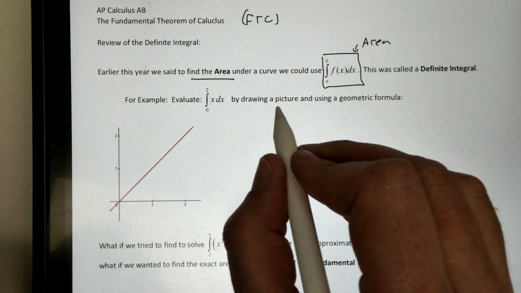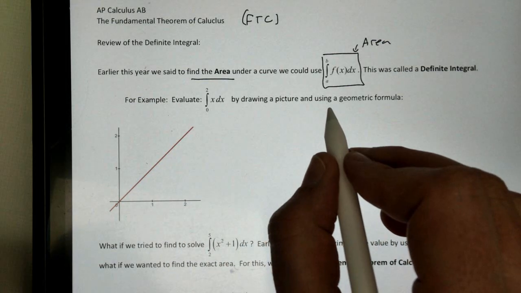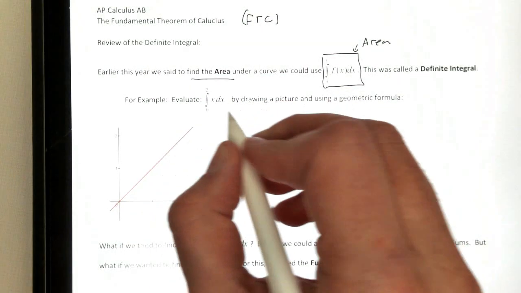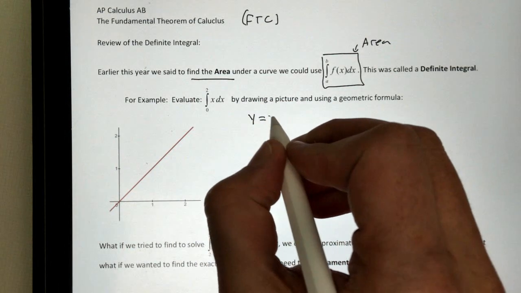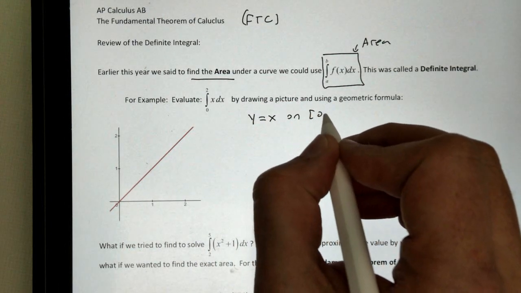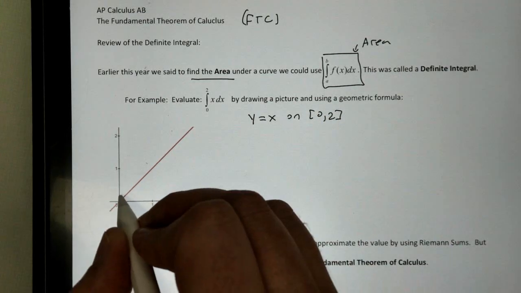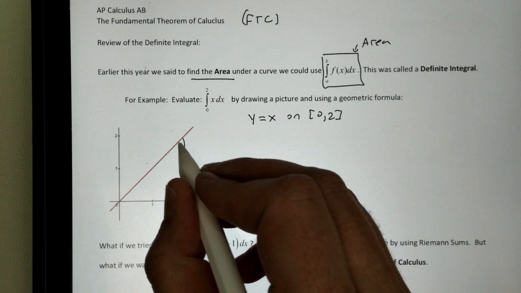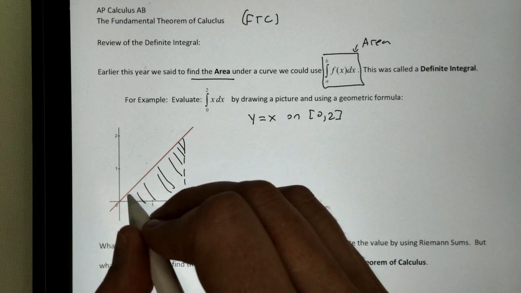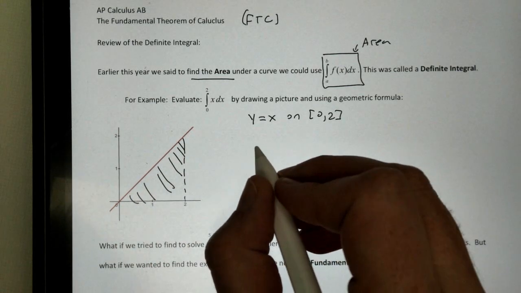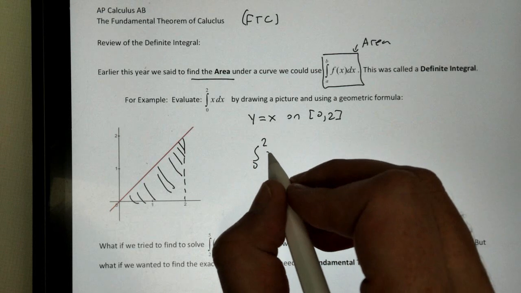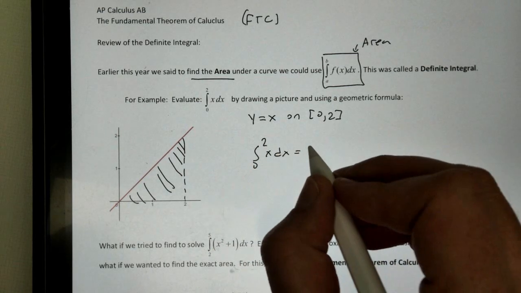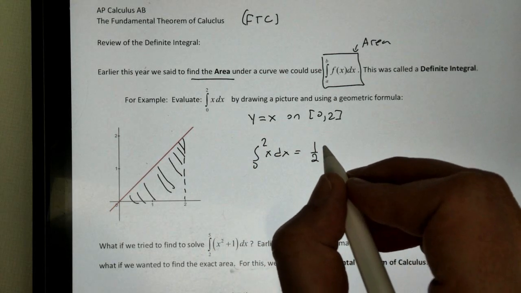We did this earlier by drawing a picture and using a geometric formula. For example, this is the function y equals x on the domain 0 to 2. If we look at the line y equals x from 0 to 2, this forms a triangle. And we said we can evaluate this integral by just looking at the area of a triangle: 1/2 base times our height.